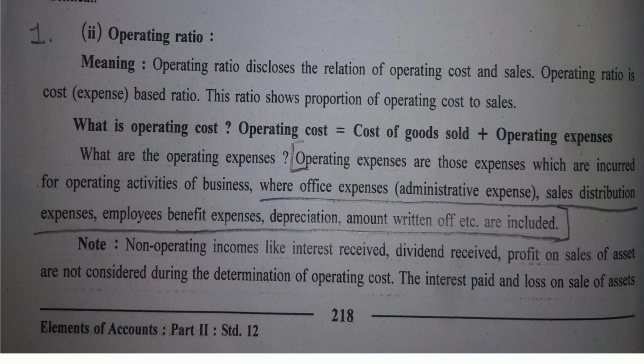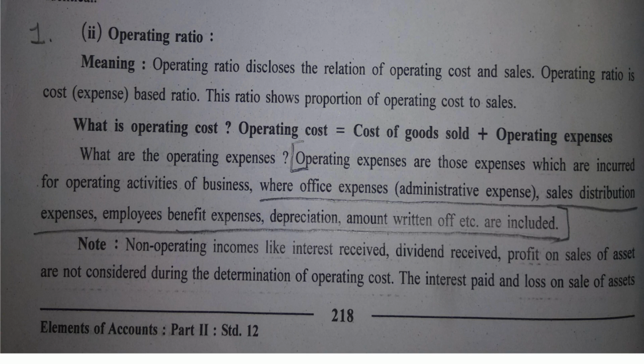You need to highlight the points that are highlighted by me here, and you will also write down the formula of operating cost first. You will give the heading, operating ratio. Then firstly write down operating cost equals COGS plus operating expenses. What is COGS? We already know.